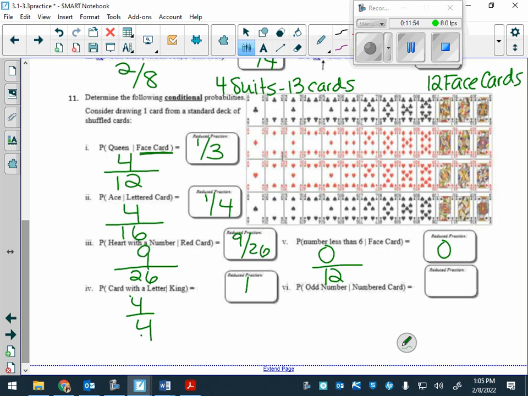Okay. The last one, probability an odd number, given it's a numbered card. So how many numbered cards are there? Numbered. Emma? 36. Out of those 36, how many of them are odd? Odd numbers. What's that? Sawyer? 16.